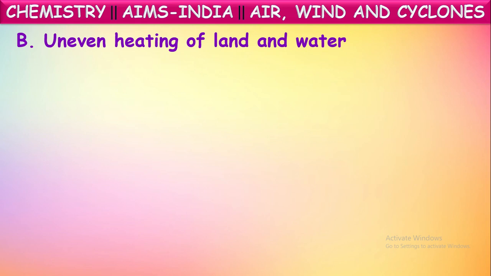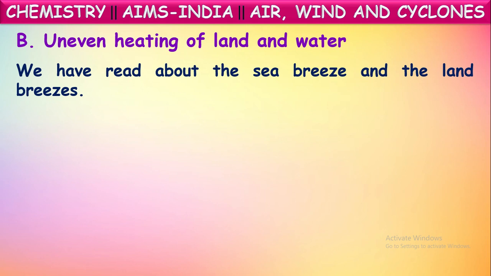First let us see uneven heating of land and water. We have read about the sea breeze and the land breeze, isn't it? When the sea is still warmer at night time, the warm air from the sea rises up and creates low pressure, whereas the land will be already cooled. So cool air from the land moves to the oceans.